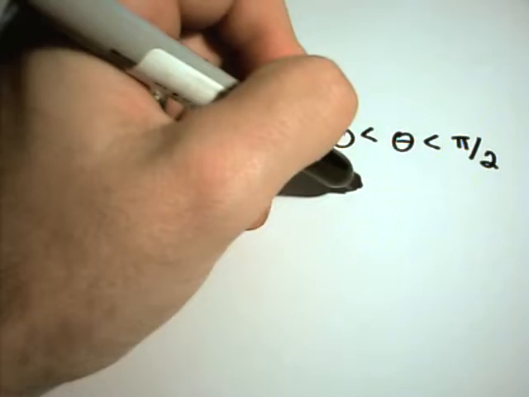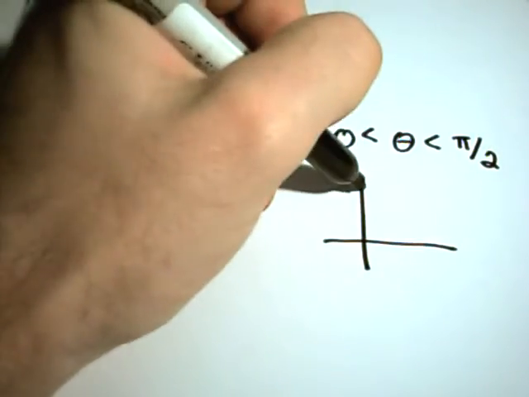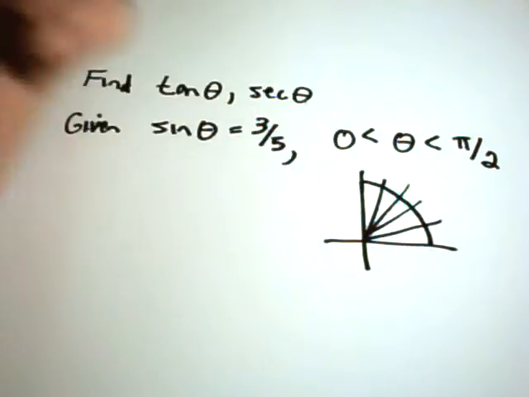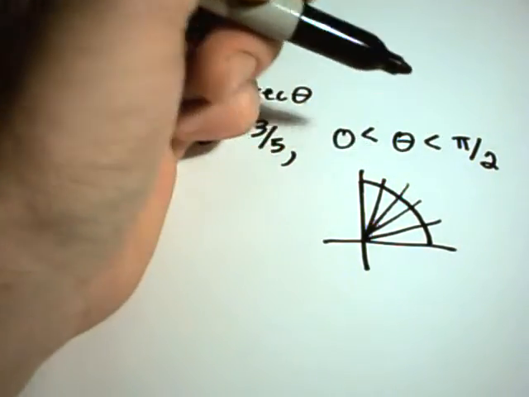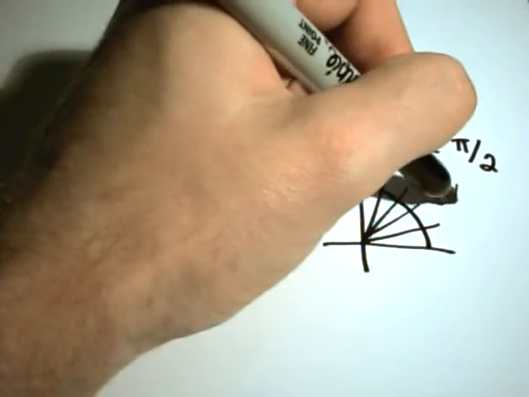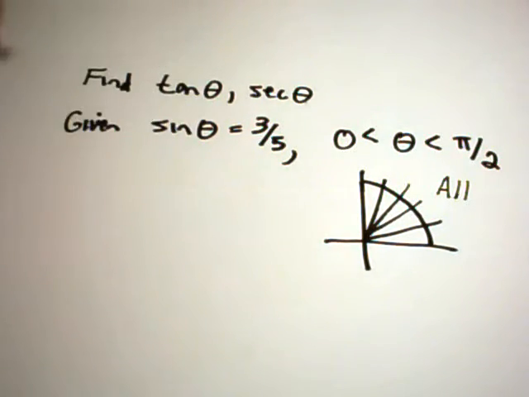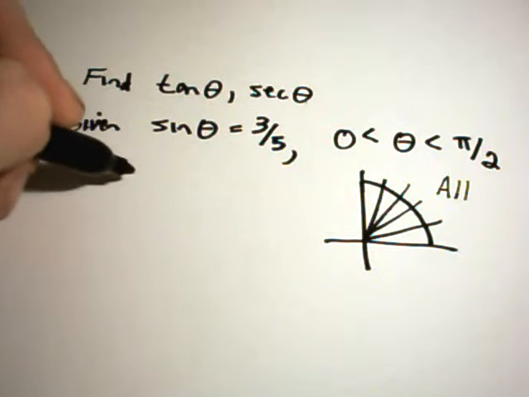If theta is between 0 and pi over 2, in terms of the circle, that means it's somewhere in the top right quadrant. And if you think about the trig functions, all the trig functions are positive there. So tangent of theta should be a positive number. Secant of theta should also be a positive number.